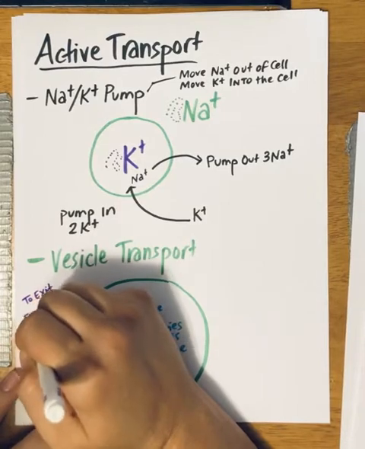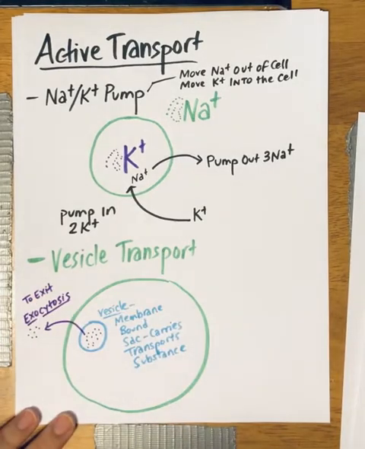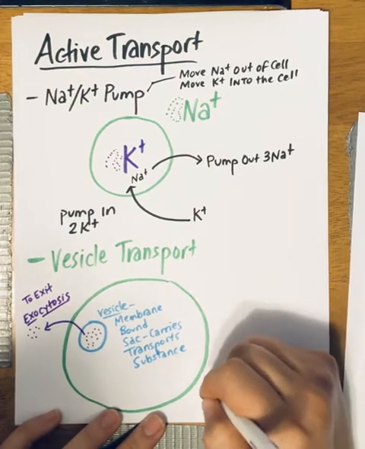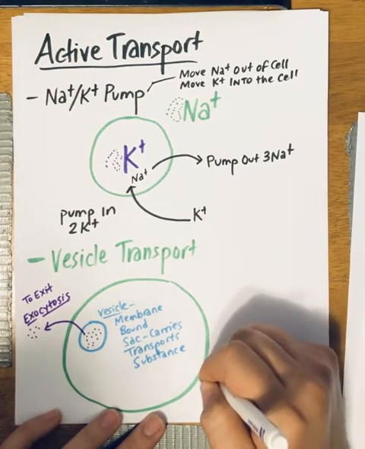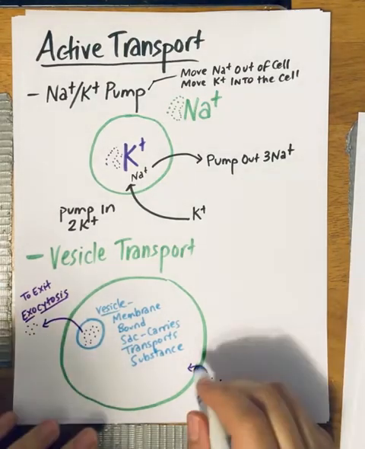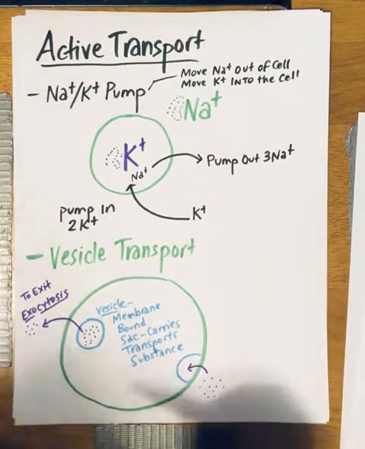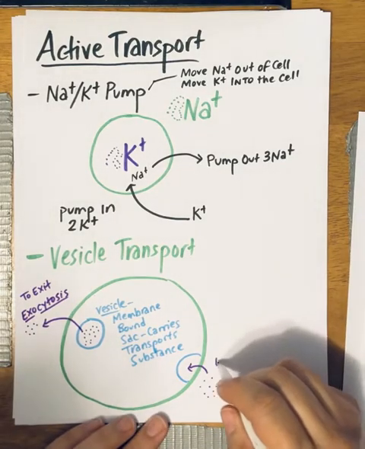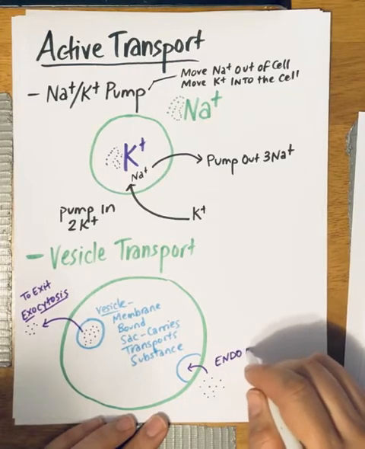So the substances are going to get released. Now, if you have substances that are coming into the cell, a vesicle will pick it up. This is called endocytosis.